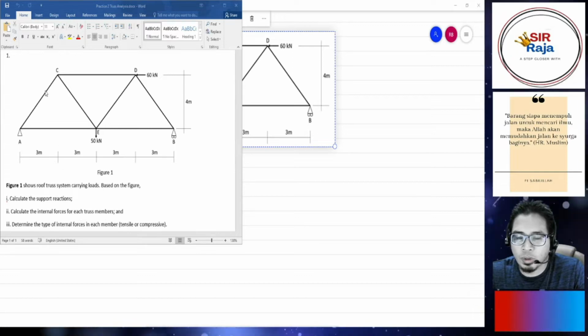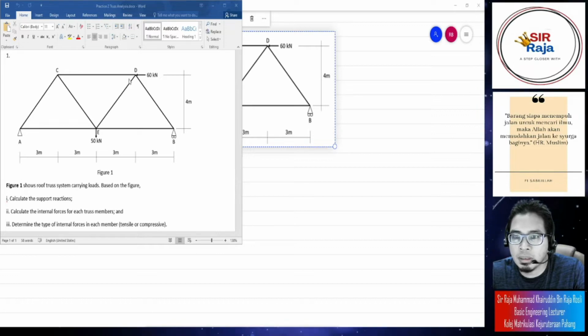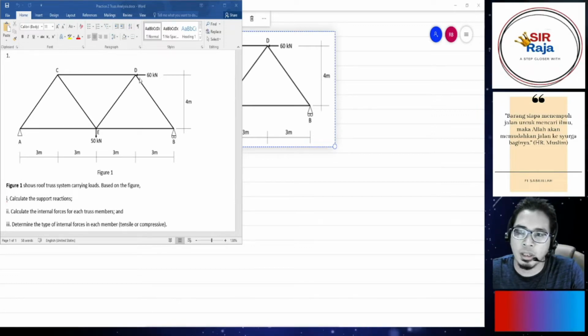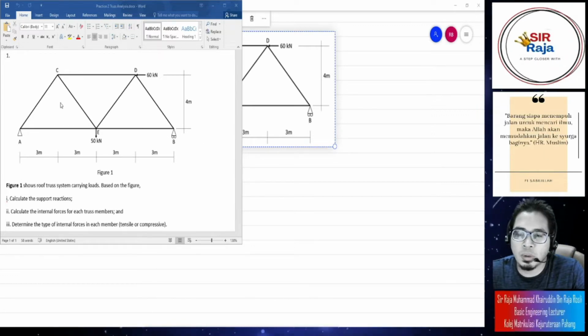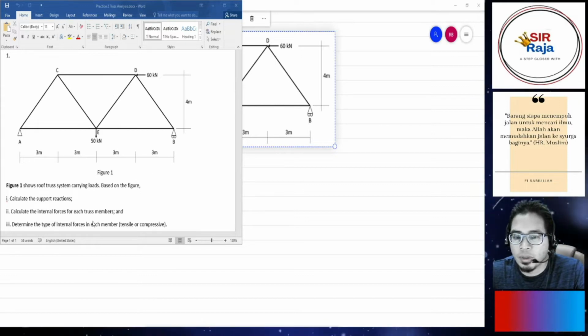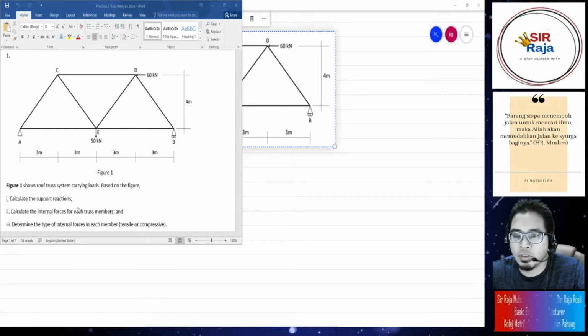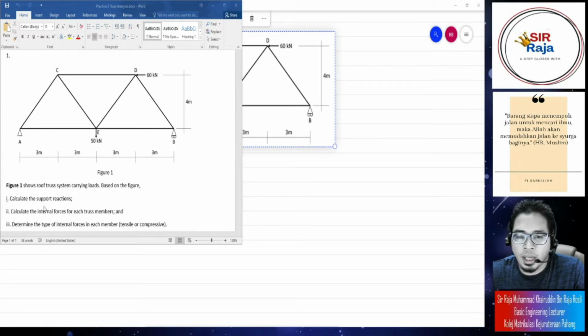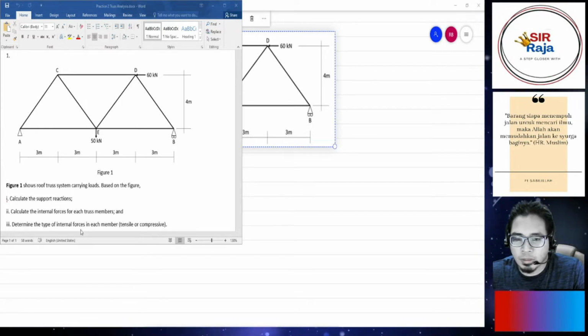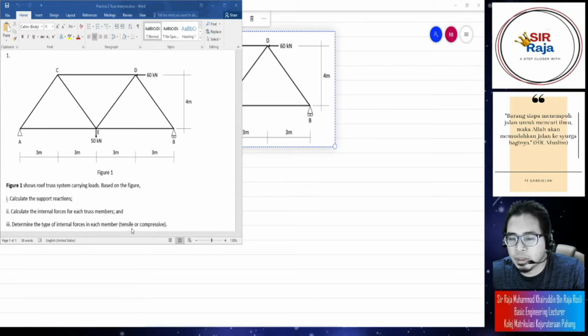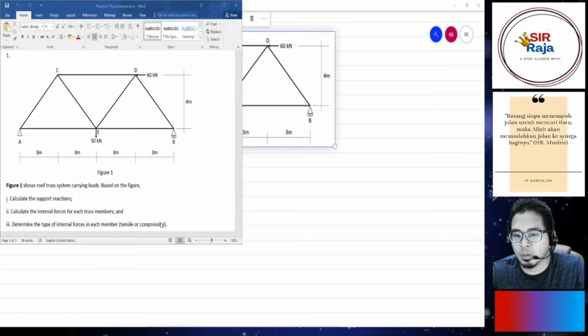We have member AC, member AE, member CE, member CD, member DE, member BD, member BE. All these members we have to calculate, finding the value of the forces within. And the third is to determine the type of internal force in each member, tensile or compressive.